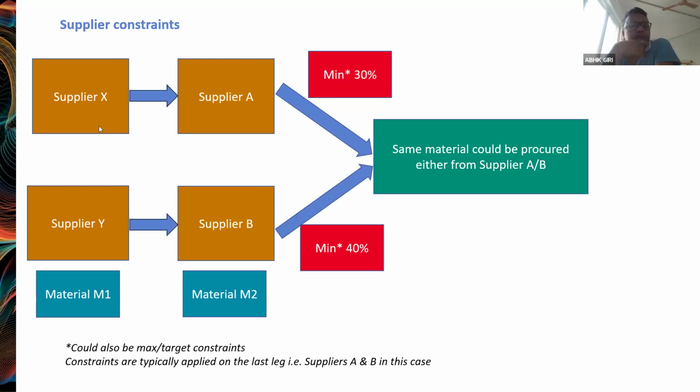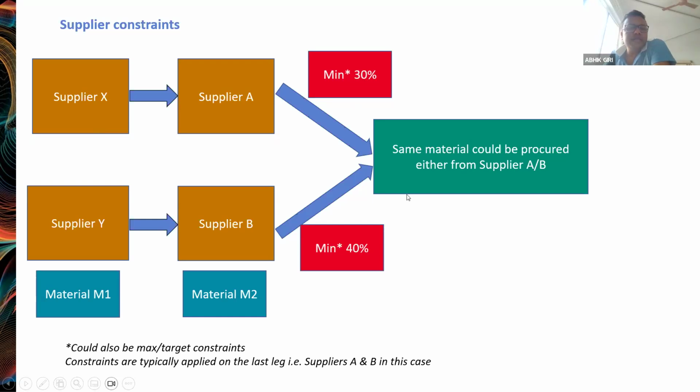Okay, so now let me ask you a formulation question. The constraints could be a minimum constraint, or a maximum or target constraint. How would you write this constraint?